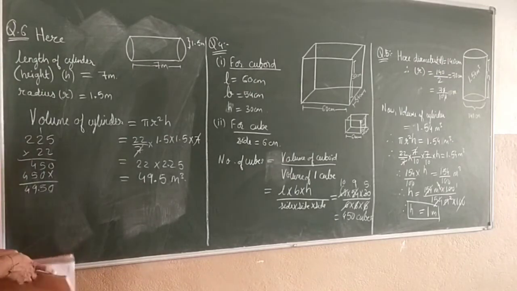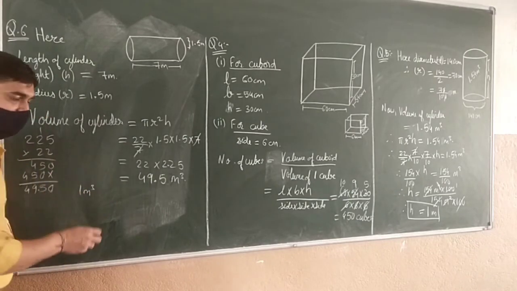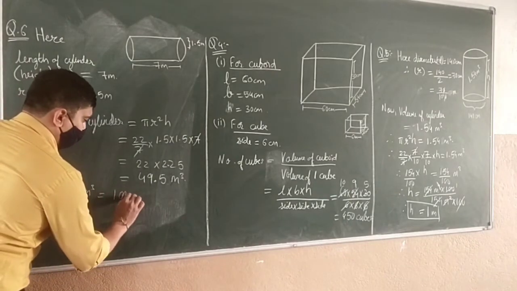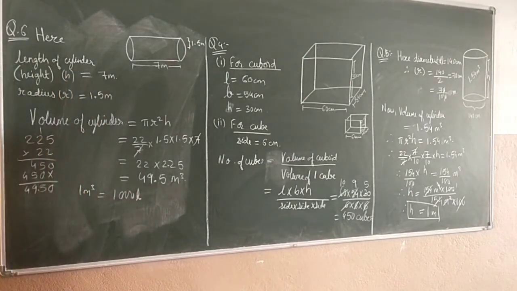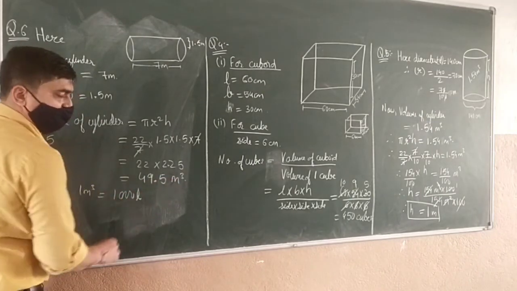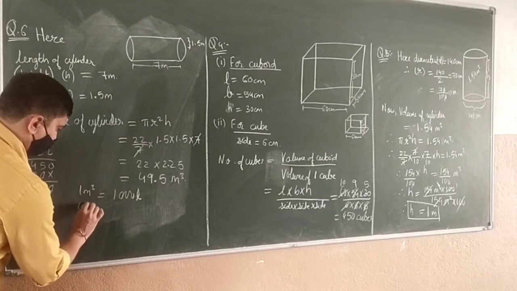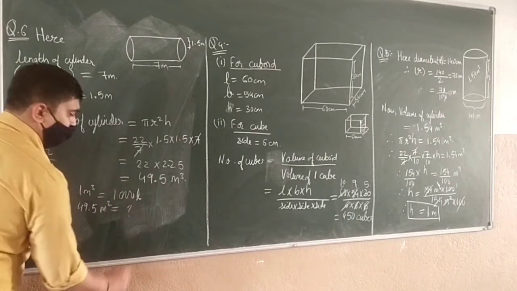But we are supposed to give the answer in liter. So the formula is, for 1 meter cube, it is always 1000 liter. How much? 1 meter cube is equal to 1000 liter. Therefore 49.5 meter cube will be how much?